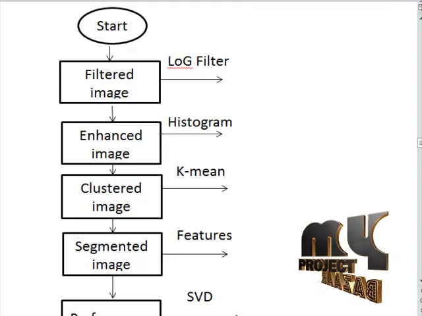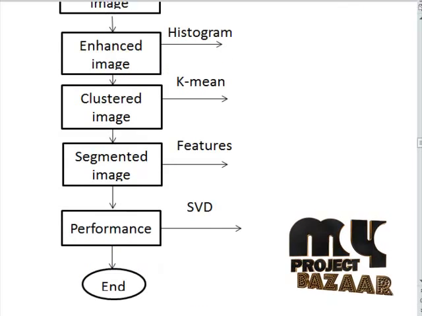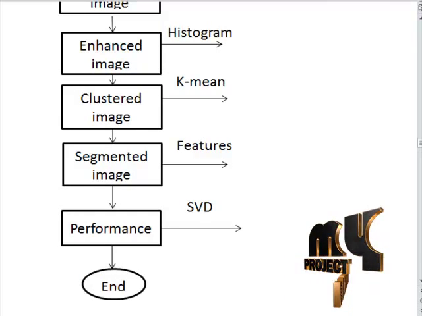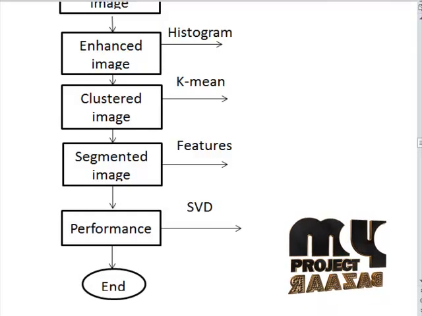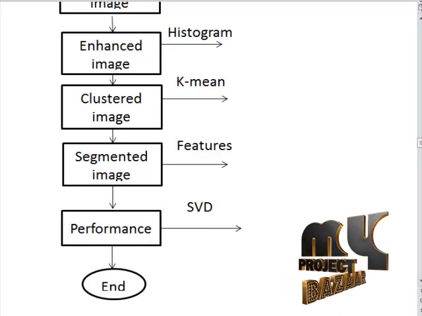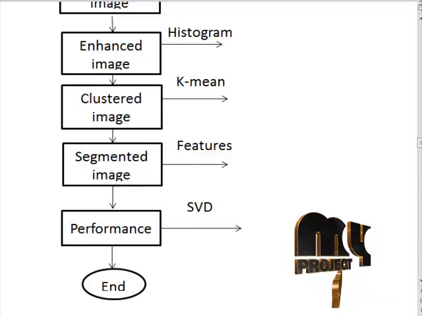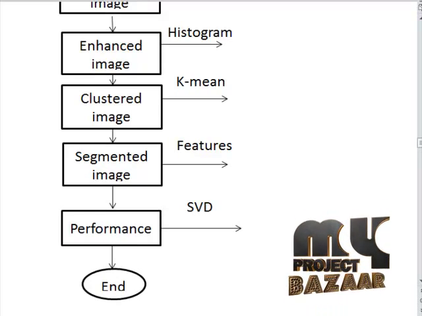The image is segmented with boundaries in RGB color. Finally is the performance. In that, the SVD is calculated for error estimation based on the size of the image. SVD means singular value decomposition.